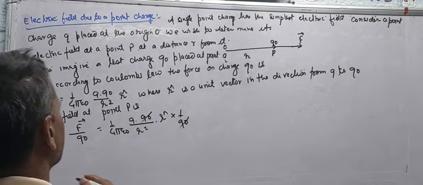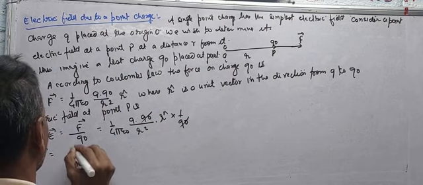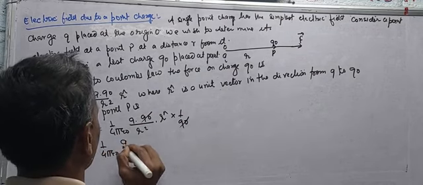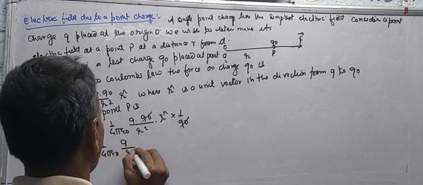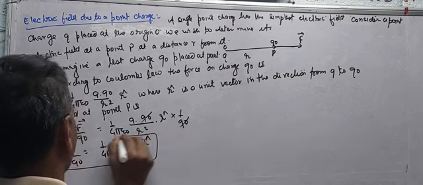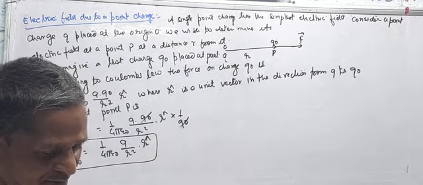Q naught cancels with q naught, and it becomes E equal to 1 upon 4 pi epsilon naught, q upon r square into r cap.